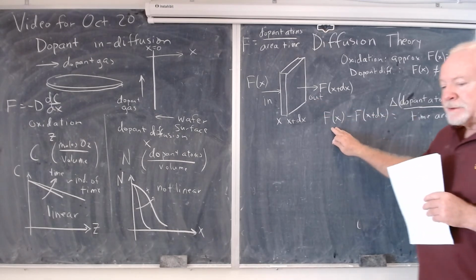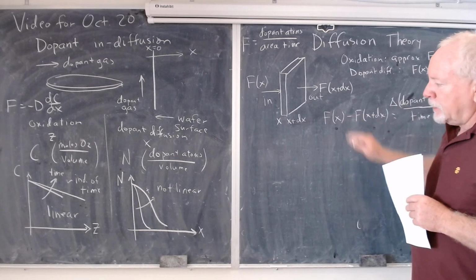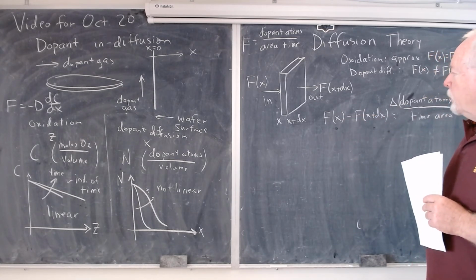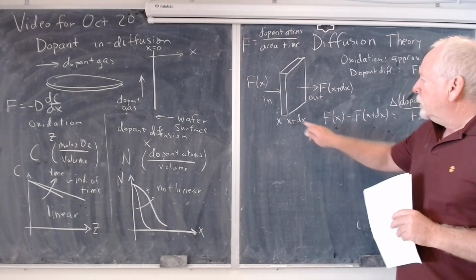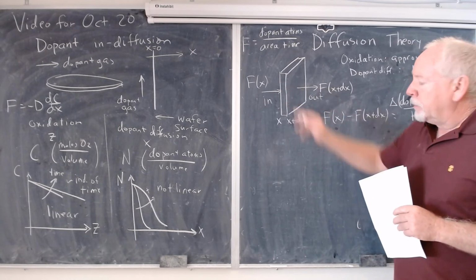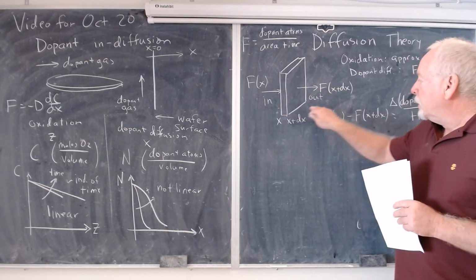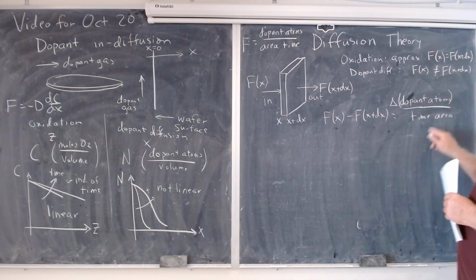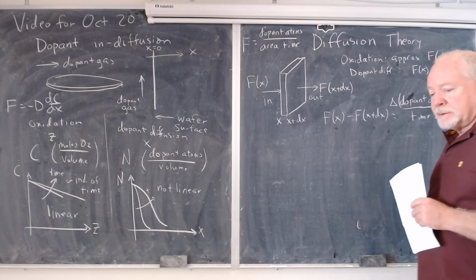Let's say we were treating some arbitrary situation where F of x were bigger than F of x plus dx. It's just like a tank of water. If there's more going in than is going out, then there's going to be an increase of whatever is inside the box.